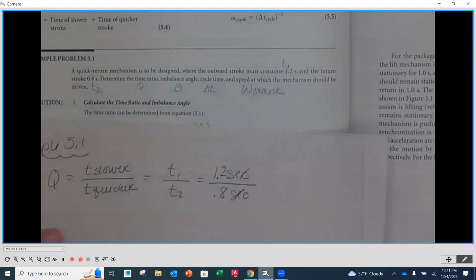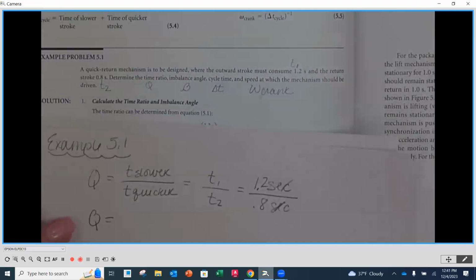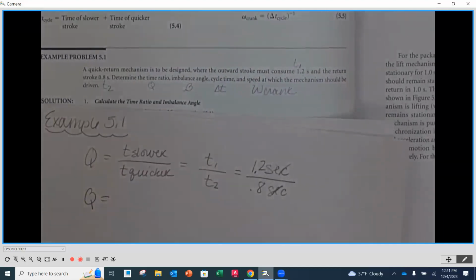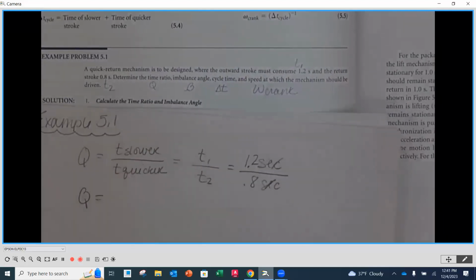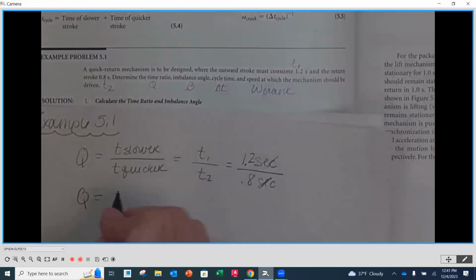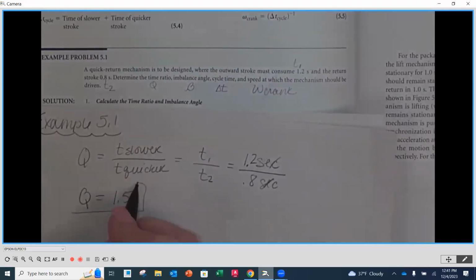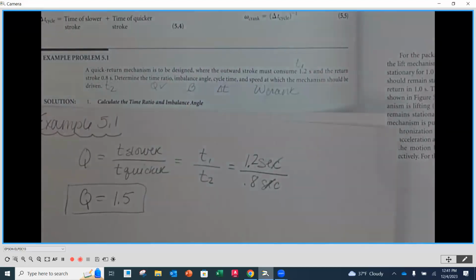Seconds cancel out here. It's just a ratio. And our Q then, what do you get for your number? 1.2 divided by 0.8. 1.5, yes. 1.5, okay? So that's the first part of what they were asking us to get, right?